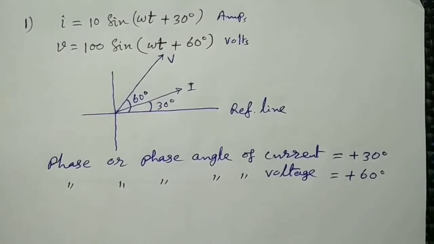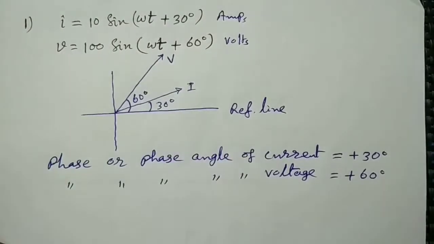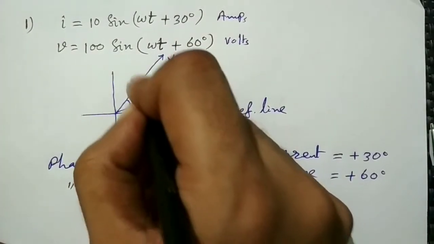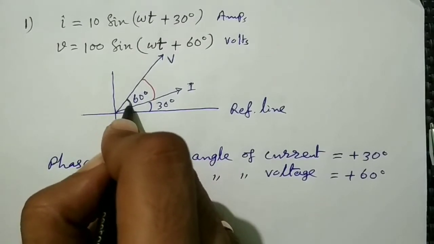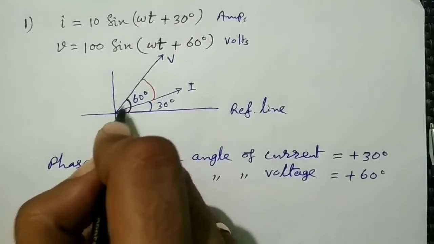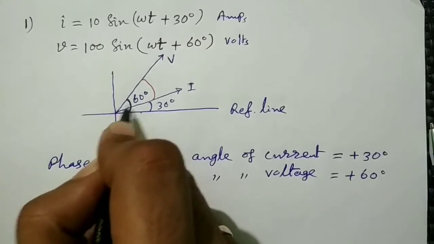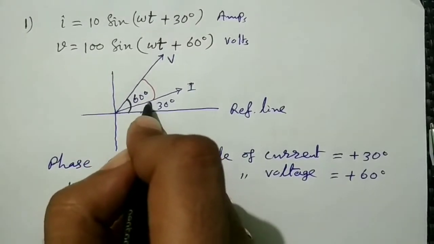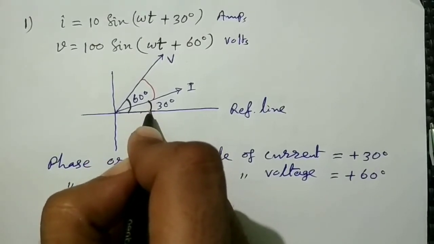Now, what is the phase difference? If we consider the angle between voltage and current, it will be 60 minus 30. The position of the voltage with respect to the reference line is 60 degree in the positive side, and the position of the current is plus 30 degree.